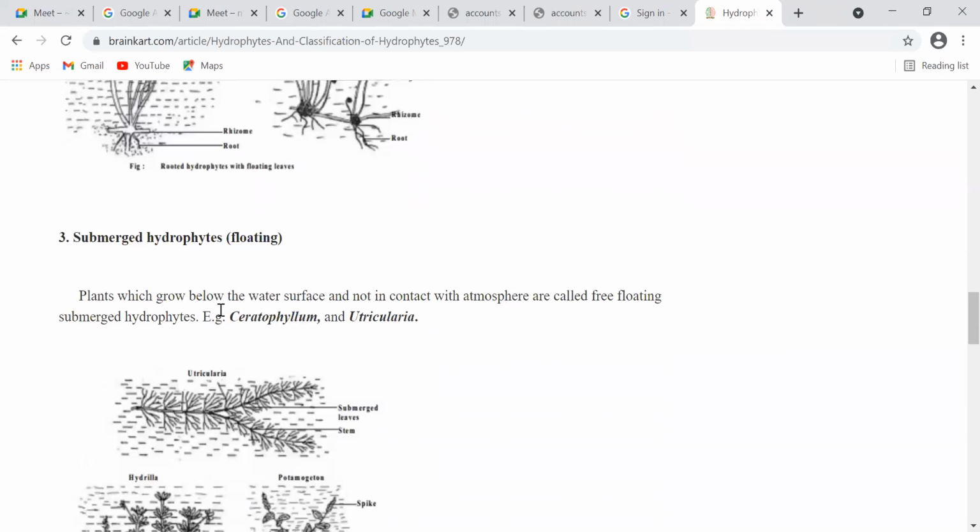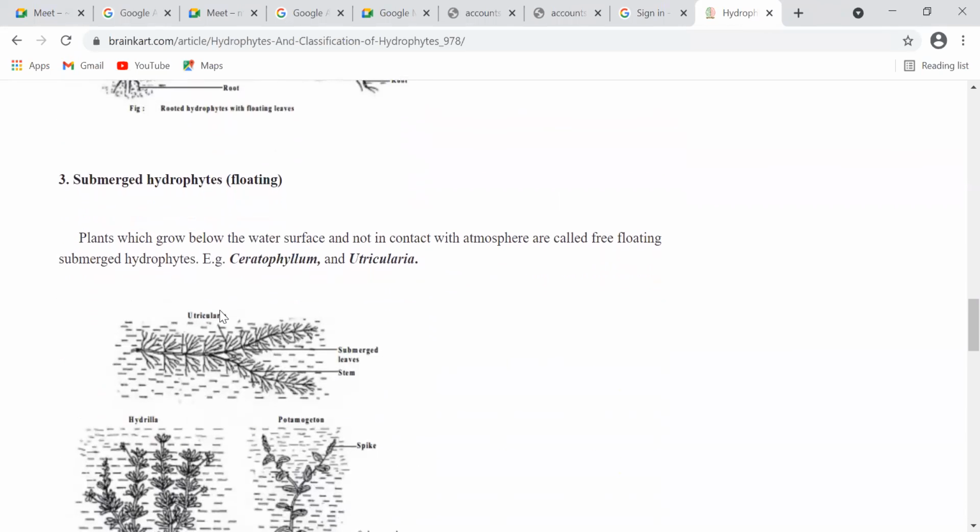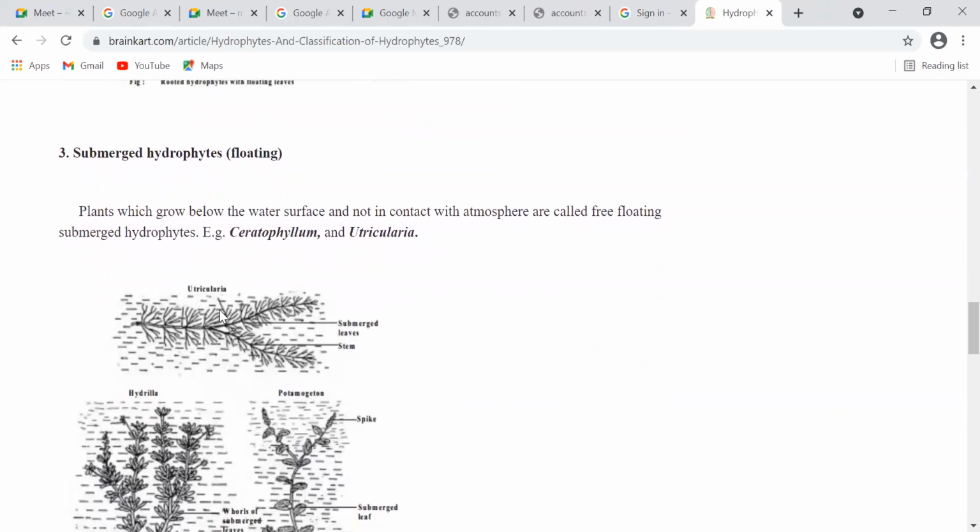Next is submerged hydrophytes. They have mentioned floating in brackets. They are plants which grow below the water surface. This is the water surface, but they are floating within the water. They are not coming outside, so they can be called suspended also. So this is submerged suspended hydrophytes: Utricularia, Ceratophyllum.